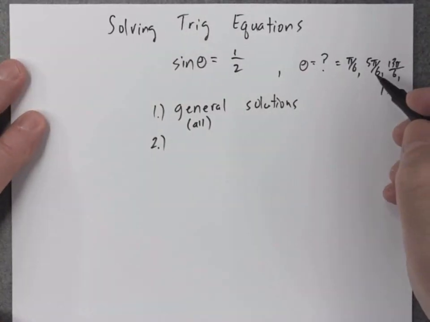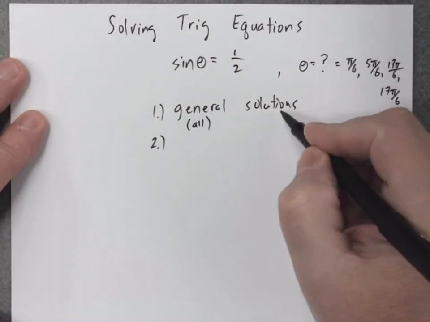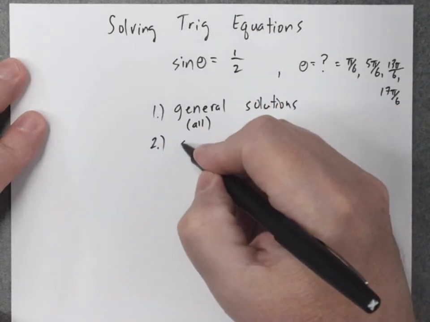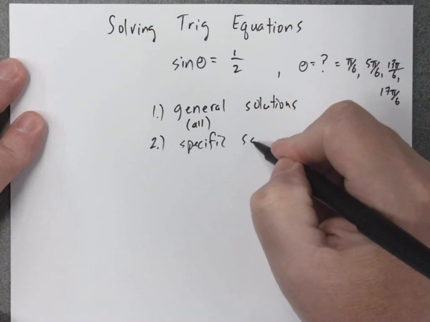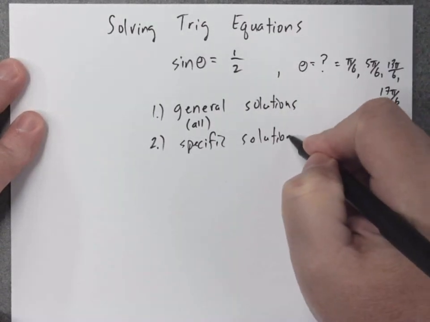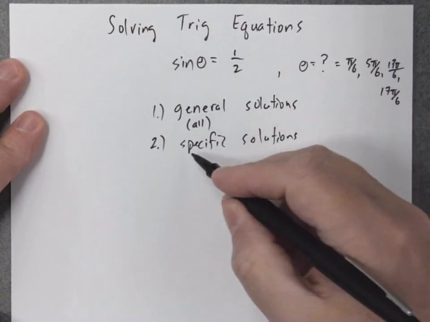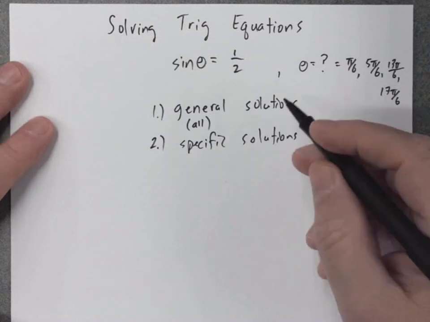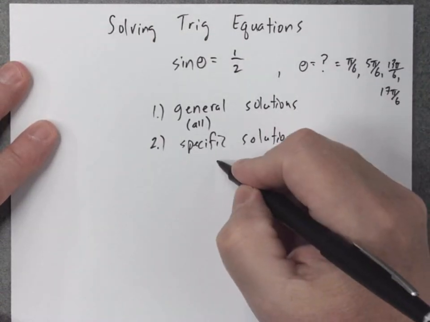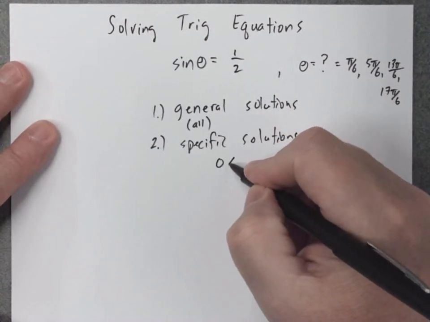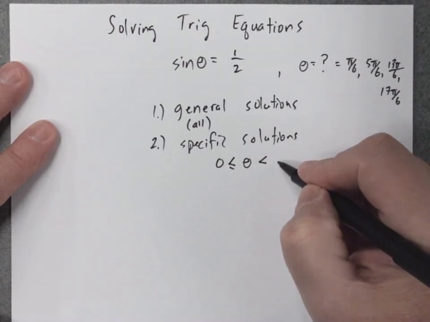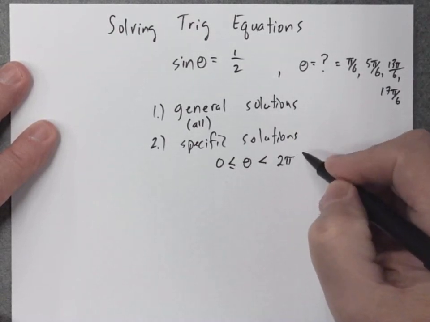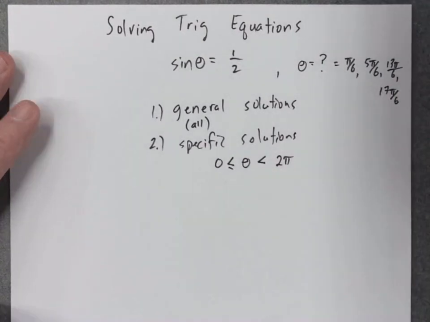But the second kind of problem, after we do some general solution problems, I call them specific solutions. And what they do when they first give you the problem, they will say to limit your solution, your angle, usually they say from 0 to 2 pi.